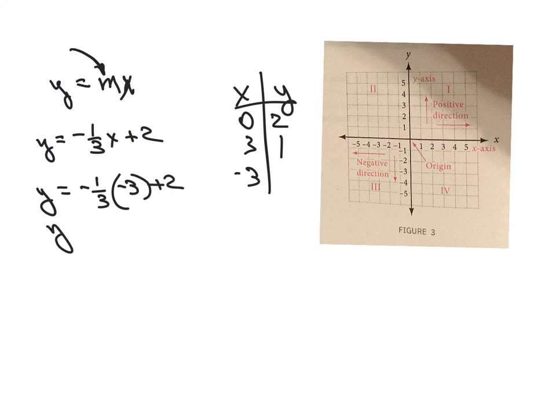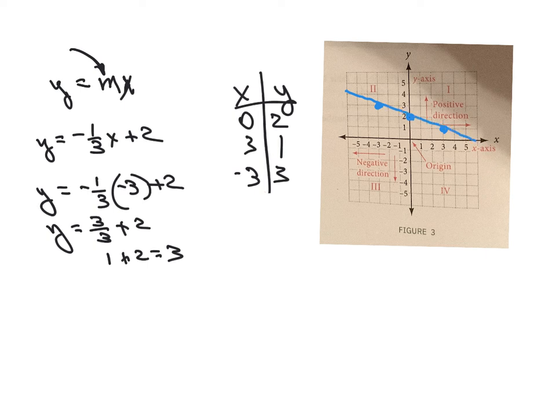So negative times a negative is a positive, 3/3 plus 2. 3/3 is 1. So when x is negative 3, y is positive 3. Okay, so let's go ahead and graph that. Graph it in blue. 0, 2, 3, 1, negative 3, positive 3.